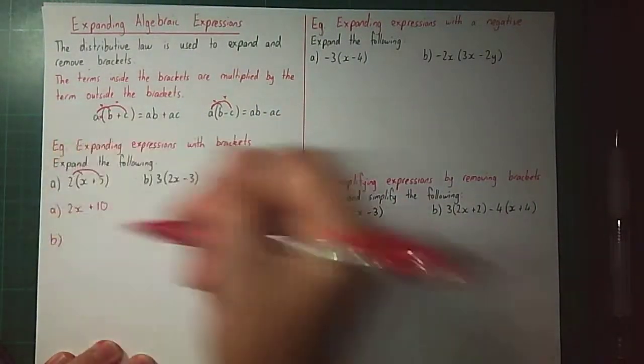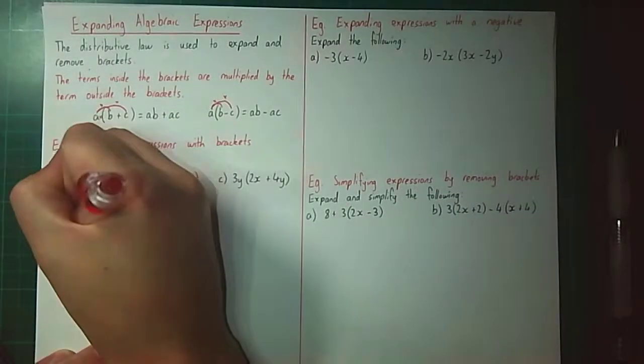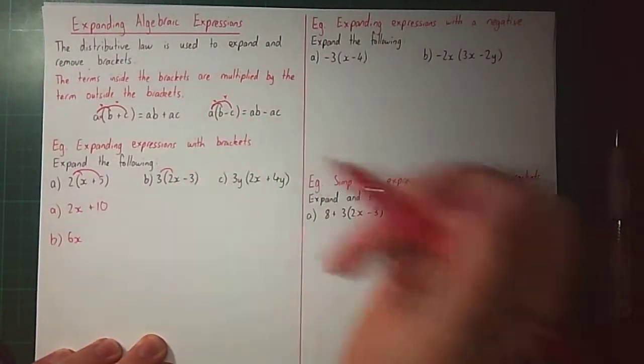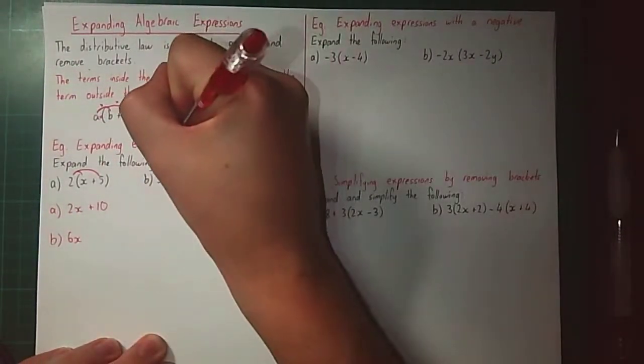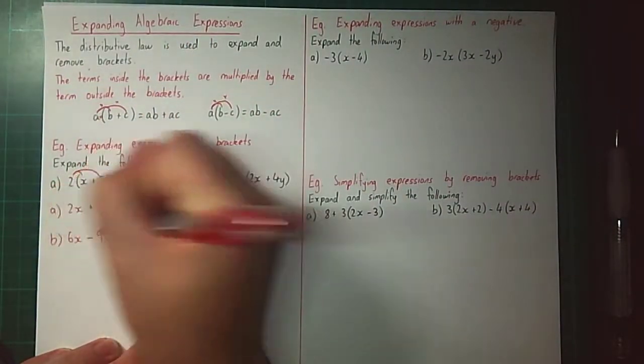For B, we've got 3 times 2x, that's going to be 6x, because we just do 3 times 2 is 6, and x times, well, there's no other letters, so it's just going to be x. Then we've got 3 times negative 3, so that's going to be negative 9.